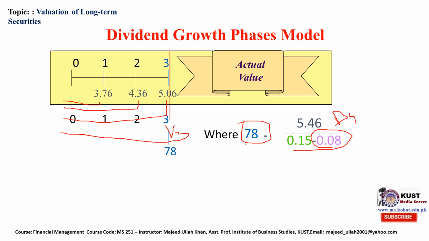So it gave us $78, but this $78 is not the present value. It is the present value at the end of the third year. So we will also discount this $78 to 0.